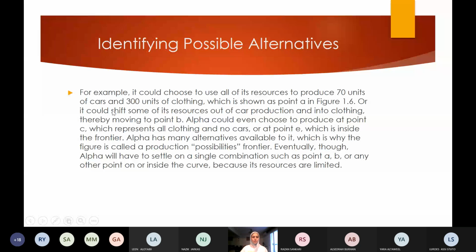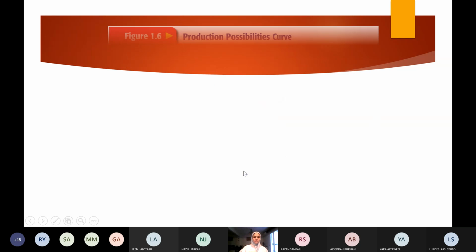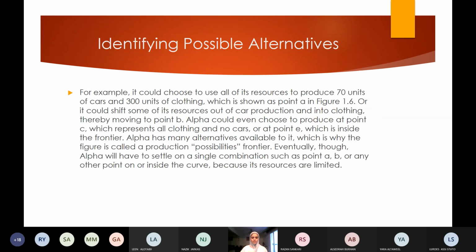Or it could shift some of its resources out of car production and put it into clothing. So I am at A, I produce 300 clothing and 70 cars. What if I want to produce more clothing, thereby moving to point B?